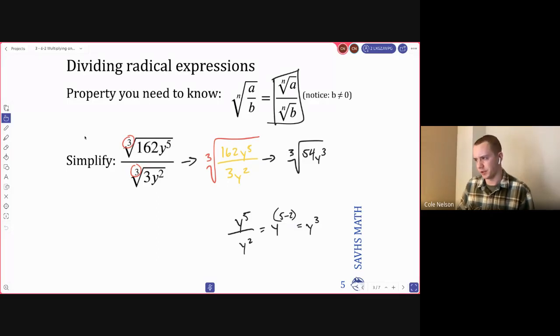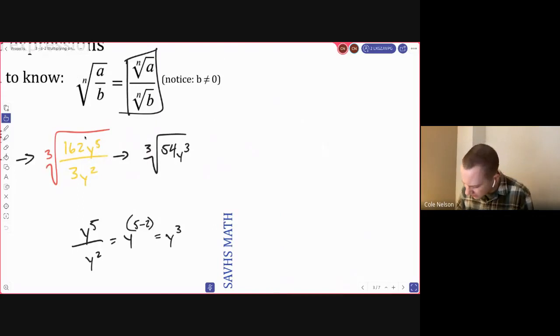Let's see what else we can do here. Can we simplify this any further? Yeah, we can. First of all, I have this y to the third, so that's going to match my index. But also 54 has something in it that I can work with, because 54 is 27 times 2.